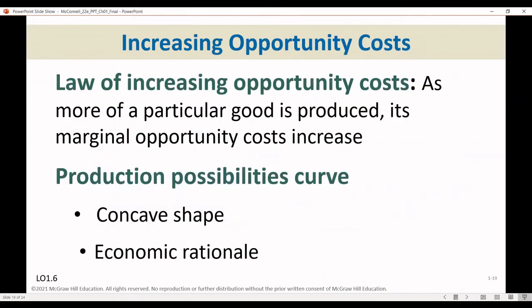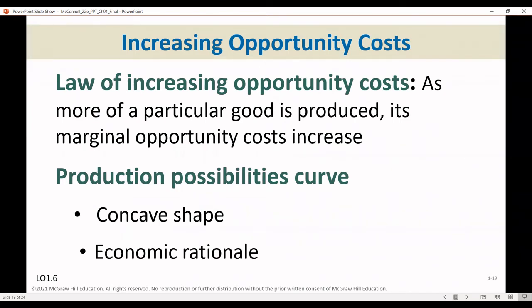So the law of increasing opportunity cost. This law is one of the explanations of the concave form of the PPC when we talk about the society economizing problem. Basically, the more of a good you produce, it will come to a level when the marginal opportunity cost of that good will increase.